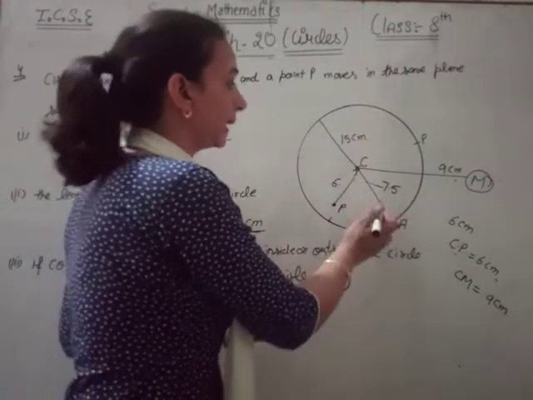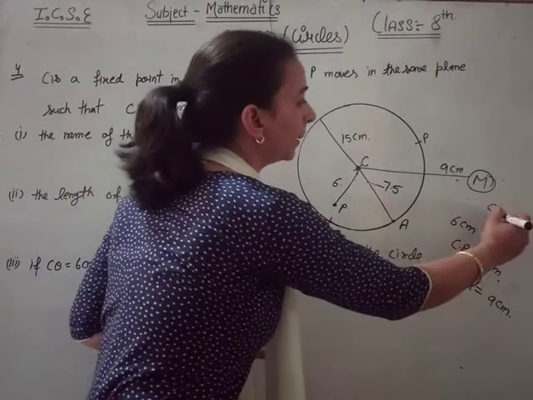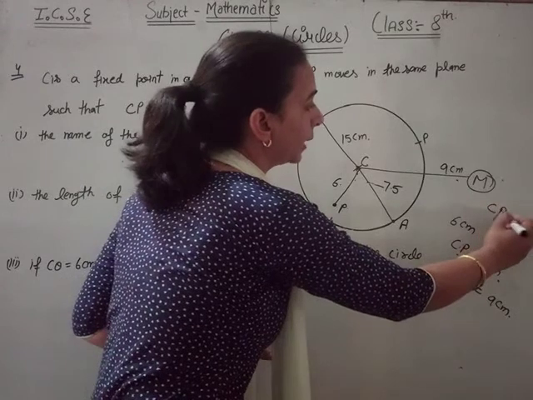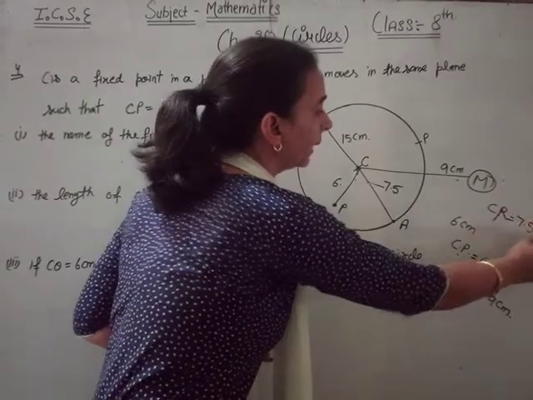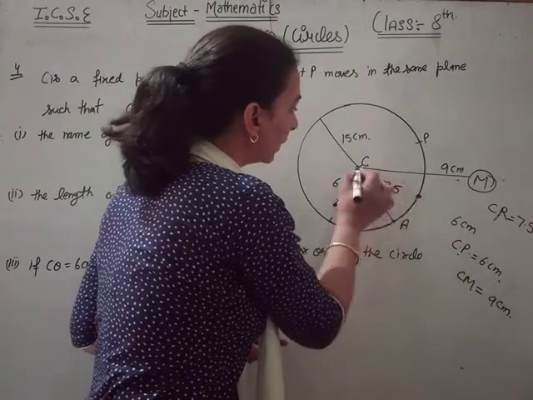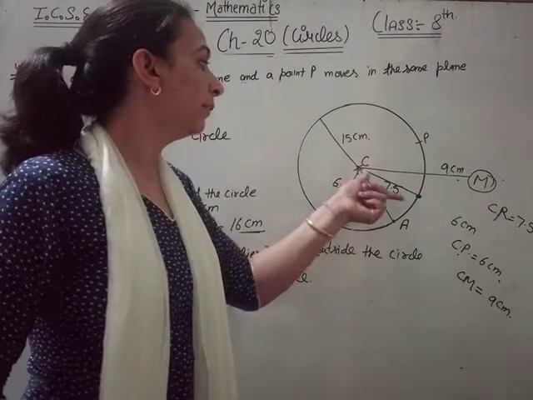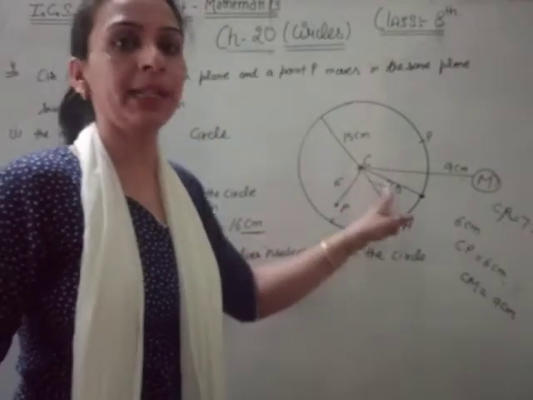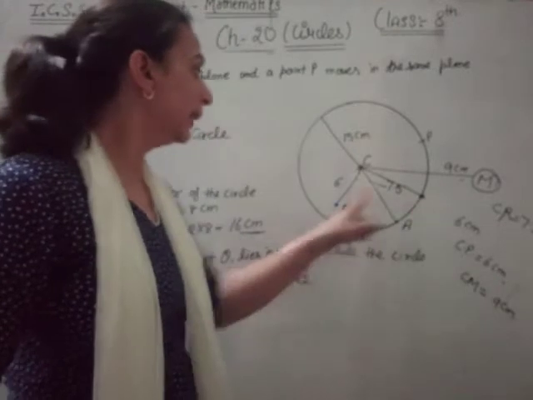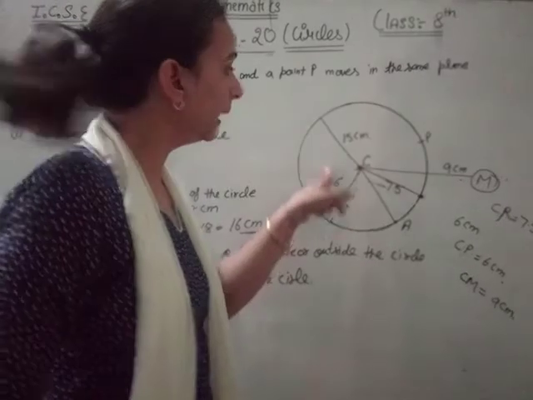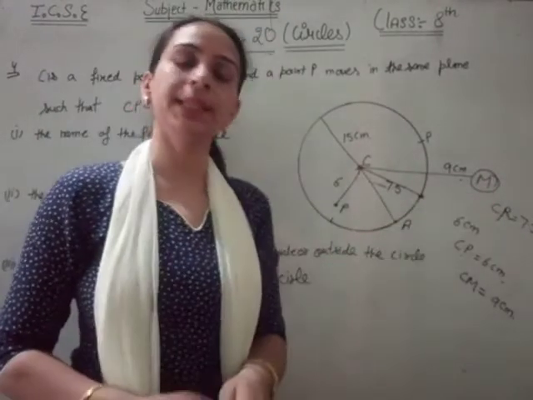If any point CR equals 7.5 centimeters, then R lies on the circumference. If the length equals the radius, that point lies on the circle, less than the radius then inside the circle, and greater than the radius then outside the circle. Okay.